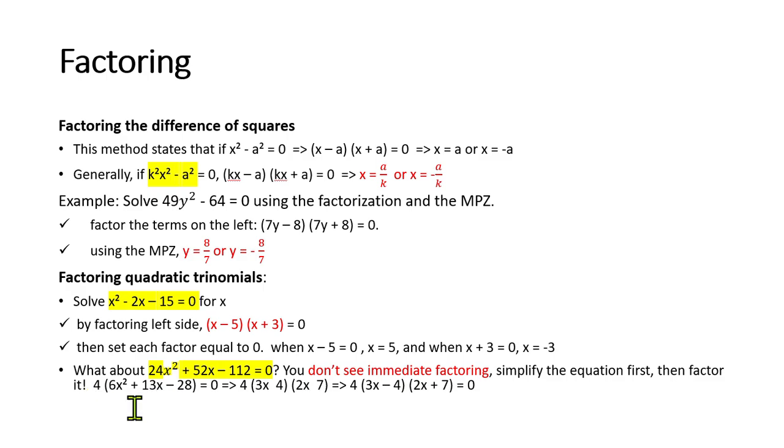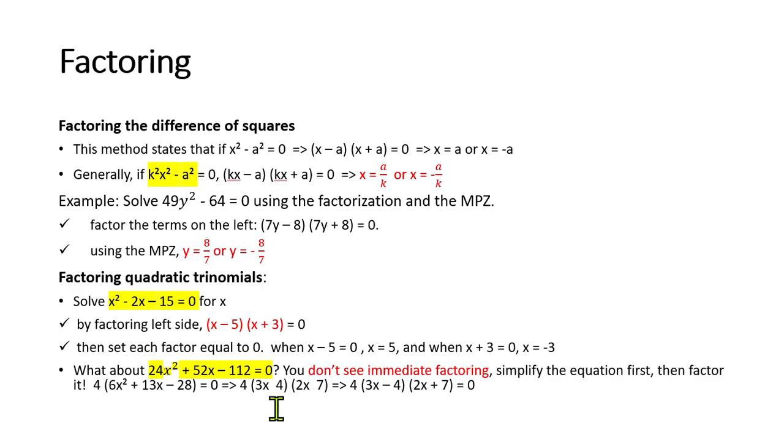The first term is 6x squared, the second term is plus 13x, and the third term, minus 112 divided by 4, equals minus 28. So now it's easier to find the factors for 6x squared plus 13x minus 28.